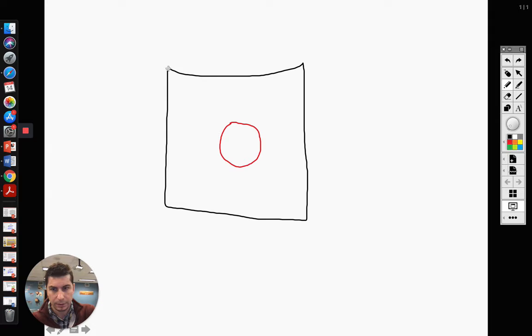Okay, so let me make a beaker here. That looks a little better. There we go. Okay, so there's my beaker. Here's my cell. We'll throw it in some water. Why not? So what I'm going to do is I'm going to make some solute particles.